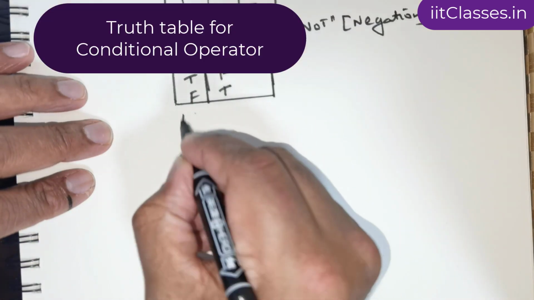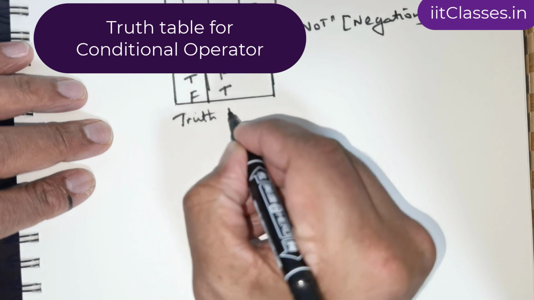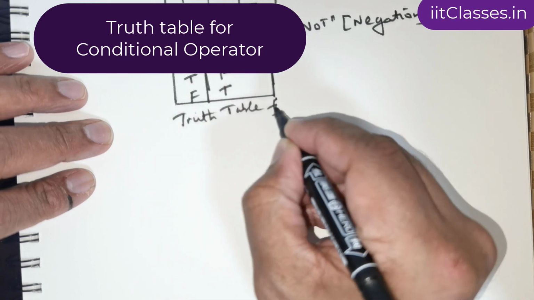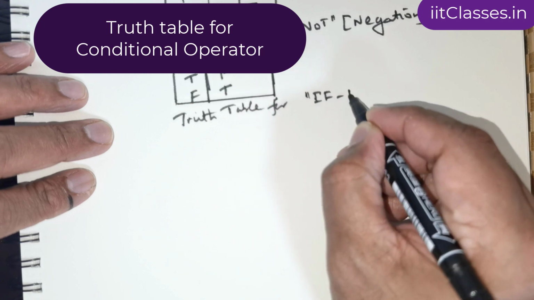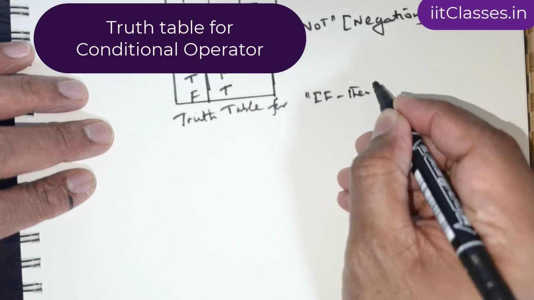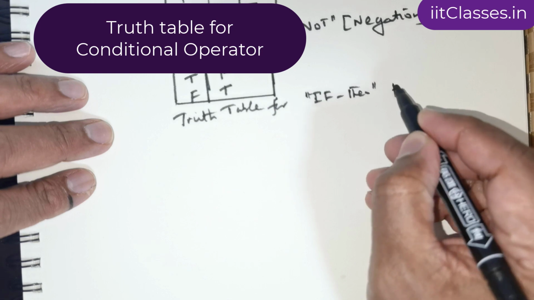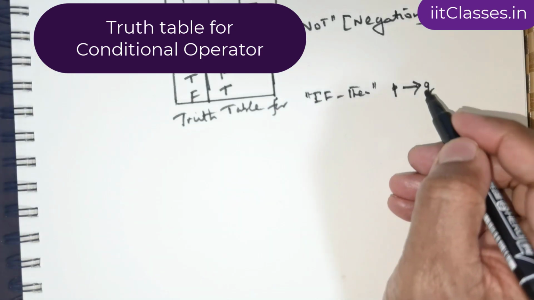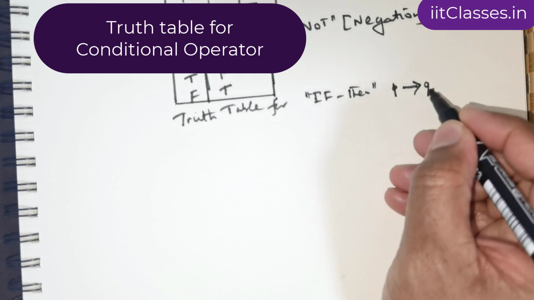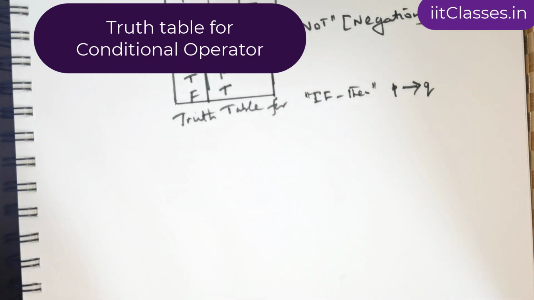Now, next I'm going to teach you the truth table for if then, and it is represented like this: if P then Q. It's also said P conditional Q. So how do we construct the truth table?